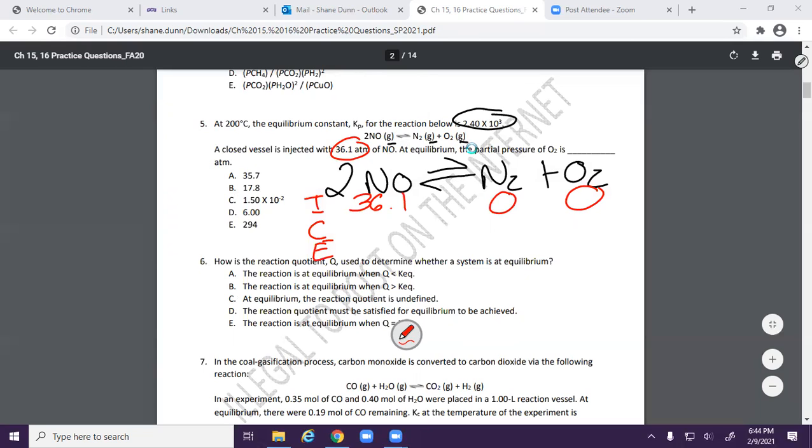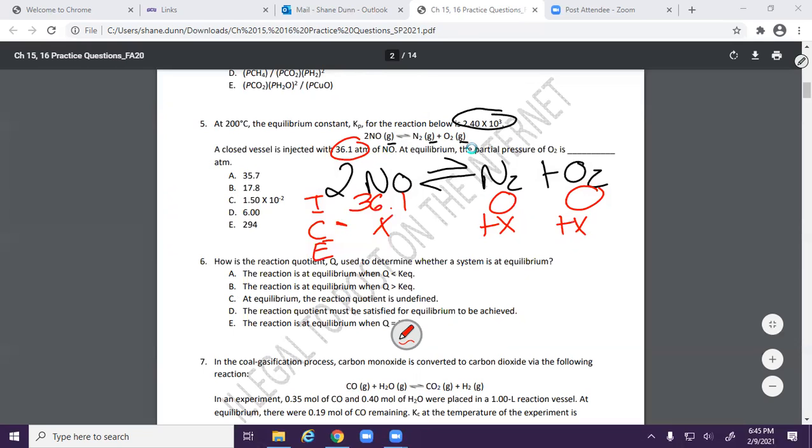Good. The change. So what's changing? How much of this stuff is used up? Do you guys know? No, you don't know. So it's a variable, right? That's an x value. Now, reactants, positive or negative? Reactants are negative. They are used up. They go down. Products are positive. They go up. Does that make sense?